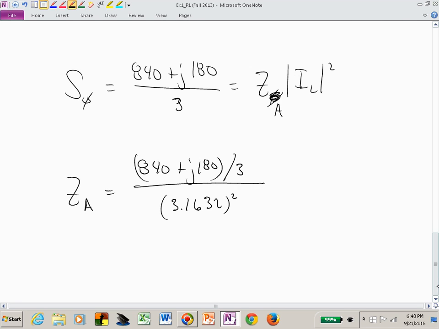And if you run out of time, then you could say something like R sub A plus j X sub A. That's pretty good. If you know that, then you didn't have to spend time computing that, but then you would have to label R sub A and X sub A in your single phase equivalent. But from this, I understand that you know what's going on.